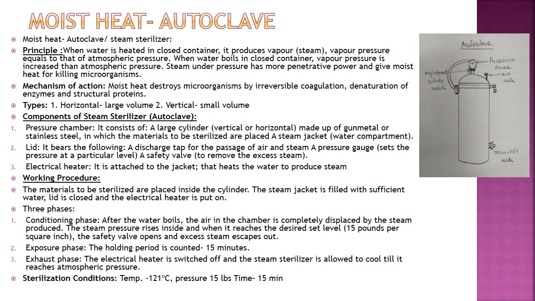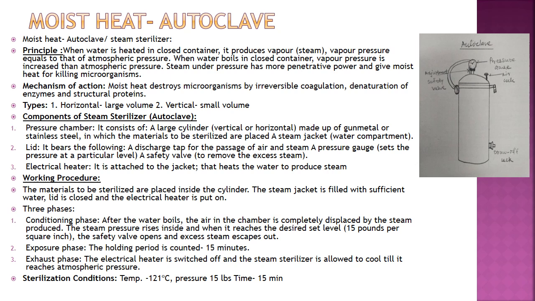The types of autoclave are horizontal, when it is in large volume, and it is mainly used in the CSSD department. And the vertical one is in small volume, used in most laboratories. The components: there are three main components: pressure chamber, lid and electrical heater. So the pressure chamber consists of a large cylinder, either vertical or horizontal.